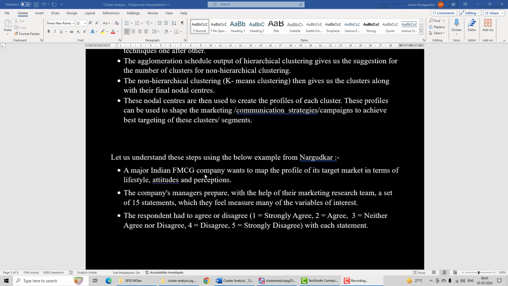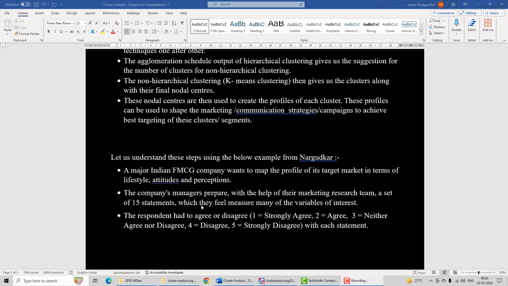In this data, a major Indian FMCG company, for example Godrej, wants to map the profile of its target market in terms of lifestyle, attitudes, perception, etc. So the company's managers prepare, with the help of their marketing research team, a set of 15 statements in their questionnaire, which they feel measure many of the variables of interest.